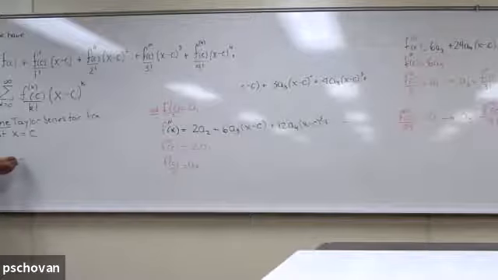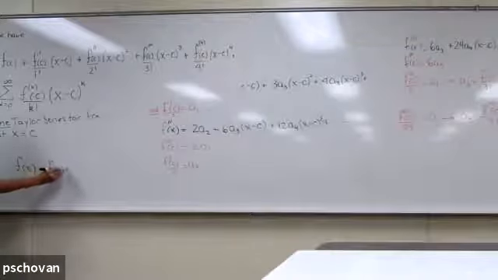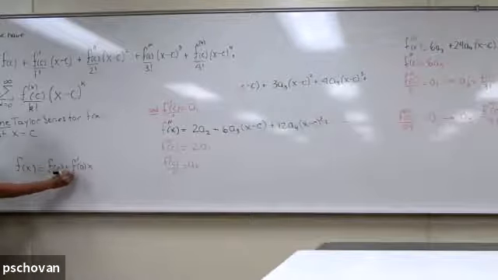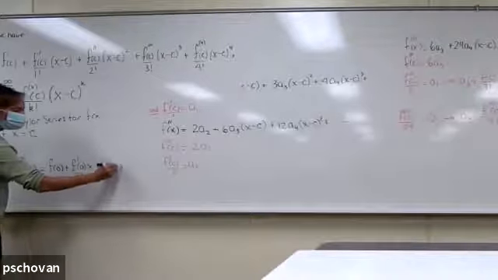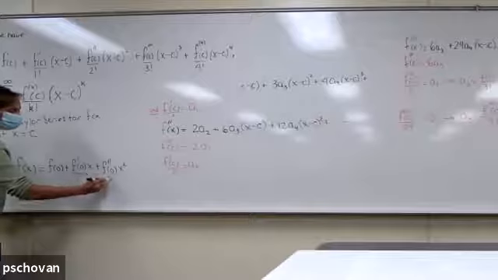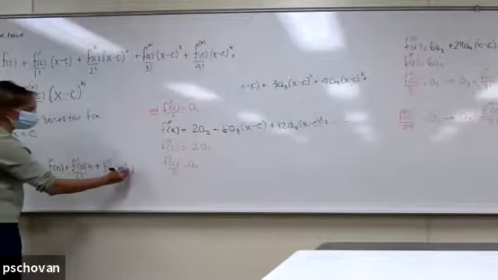So the Maclaurin series says that f of x can be written as f of 0 plus f prime at 0 times x over 1 factorial plus f double prime at 0 times x squared over 2 factorial, and so on.